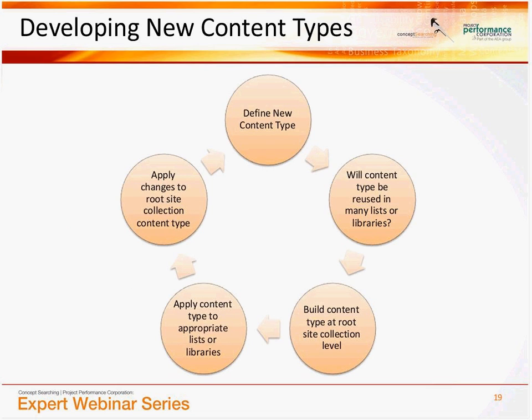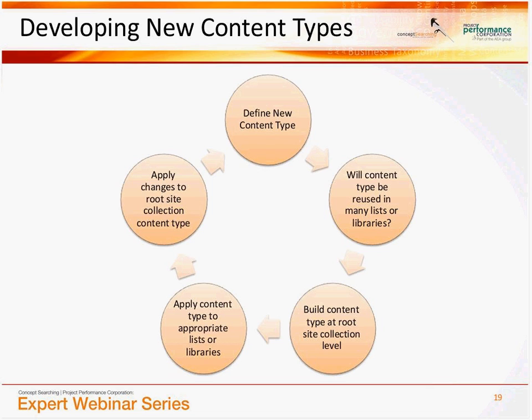It's just a little cycle that I've come up with to help with the new content type development life cycle. You need to really identify what your business needs are and what the different content types could be. So I started thinking through the idea that you want a new policy content type. You need to ask yourself, will that content type be reused in many lists or many libraries?